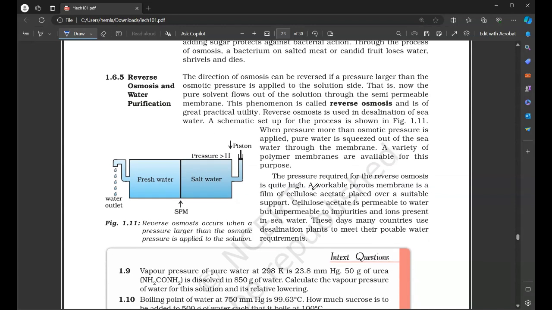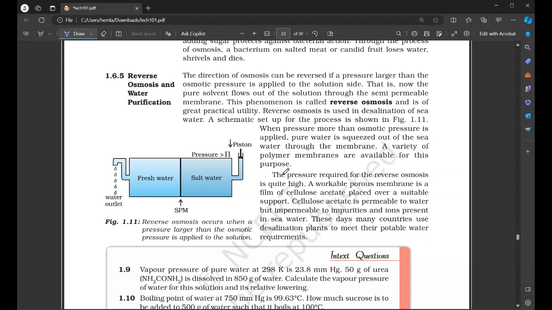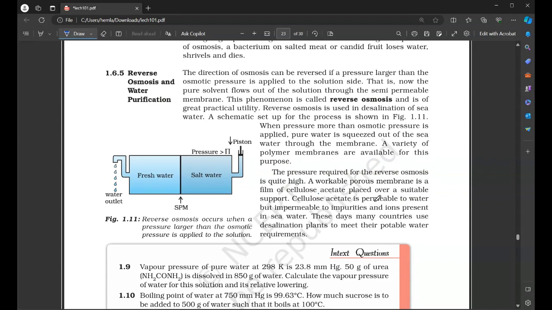The pressure required for reverse osmosis is quite high because it would be done on a large scale, and a workable porous membrane is a film of cellulose acetate placed over a suitable support. Cellulose acetate is permeable to water but impermeable to impurities and ions present in seawater.